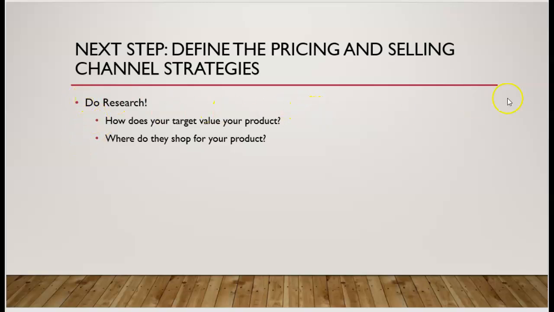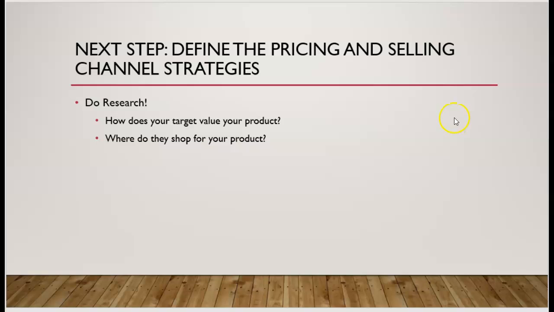Now by now you should know that. But this should be pretty easy. So if you have a pretty solid definition of who your target market is, again using that generalized definition that you created back in Milestone 1, do some research. Find out where or how does your target value your product.